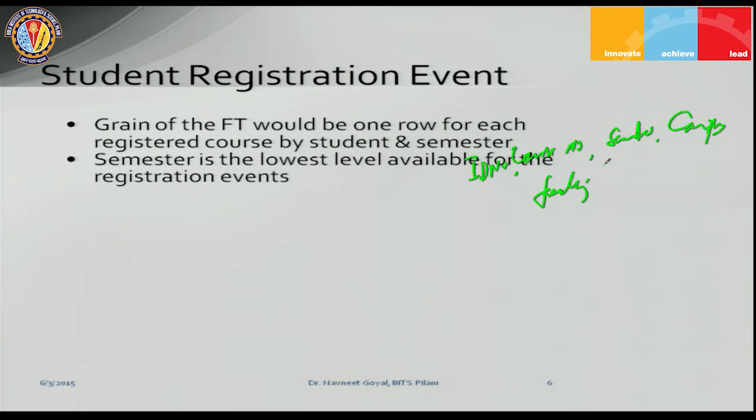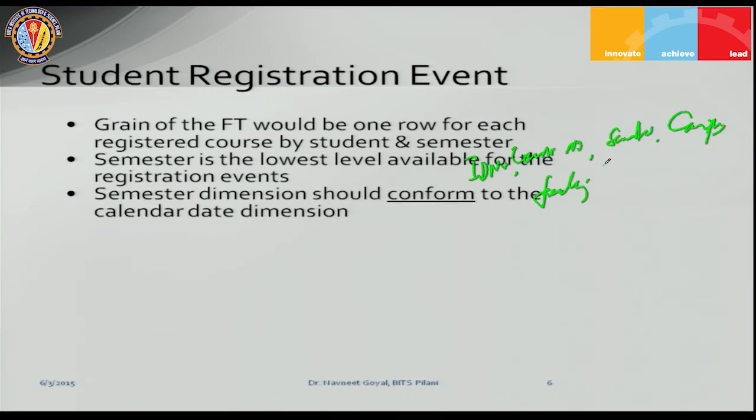Semester is the lowest level available for the registration event. You cannot register a student for a month or for 10 days. He has to register for a full semester. Semester dimension should conform to the calendar date dimension, right? This is the concept of conformed dimension. The attributes that apply at the time and day hour level would not apply when I talk about the semester dimension, right?